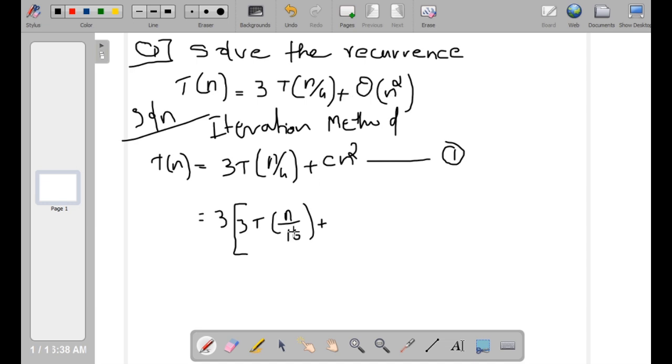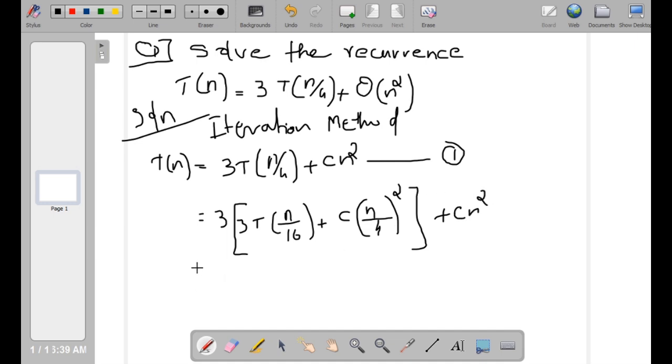So n/16 into 4 is n/4. So c(n/4) whole square, plus this is the replacement of T(n/4) at the next level. Then cn² is there, cn².